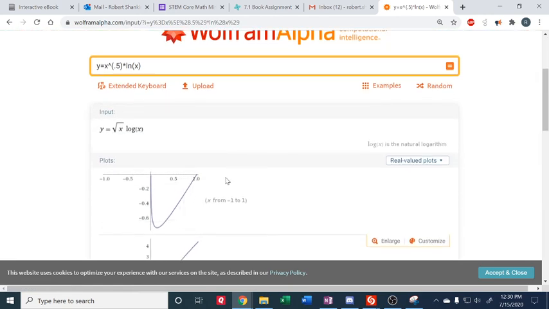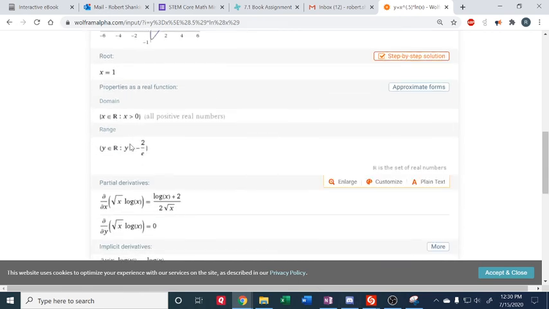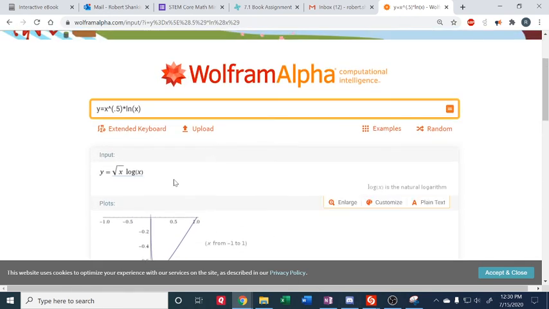And that graph is actually negative at first, and then goes up. And if you took it further and further to the right, it would not be really steep.